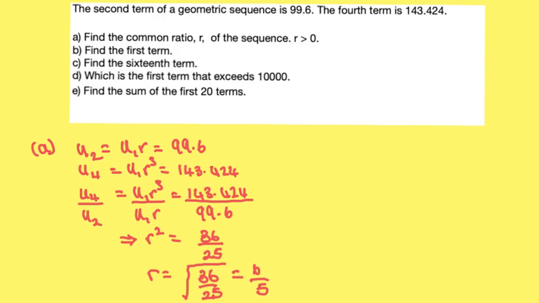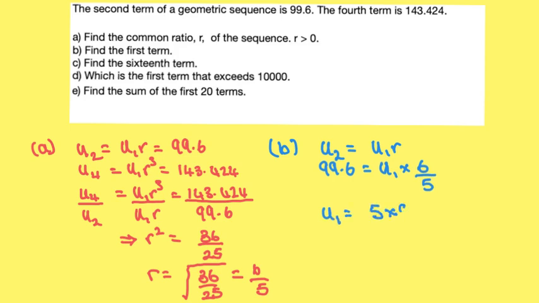Part B. Find the first term. Well, we know that u2 is equal to u1 r. So therefore we know that 99.6 is equal to u1 times 6 over 5, because that is the value of r. So therefore, rearrange it, we get u1 is equal to 5 times 99.6 divided by 6.